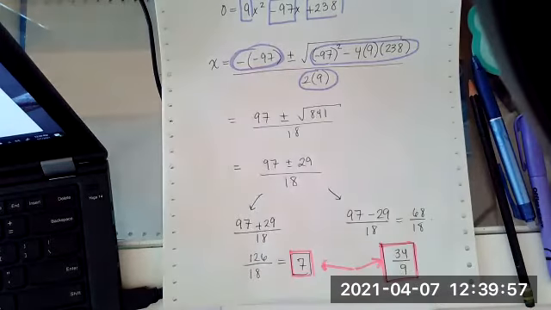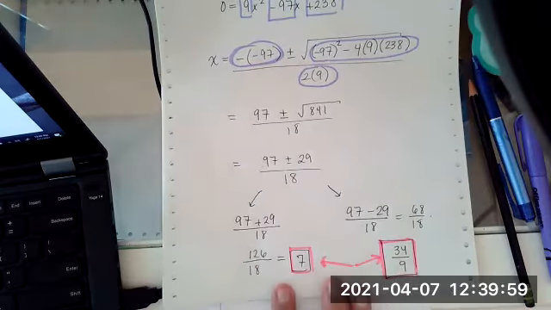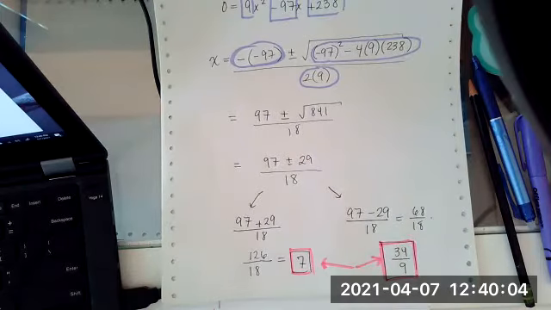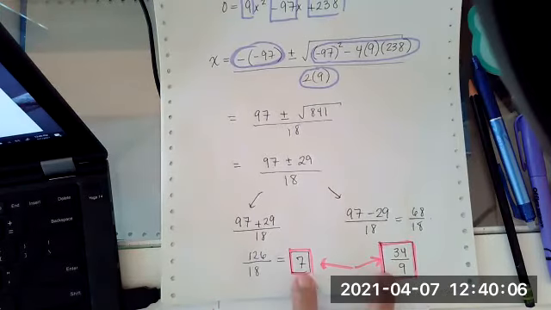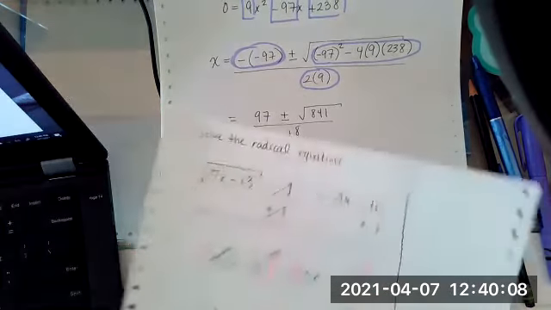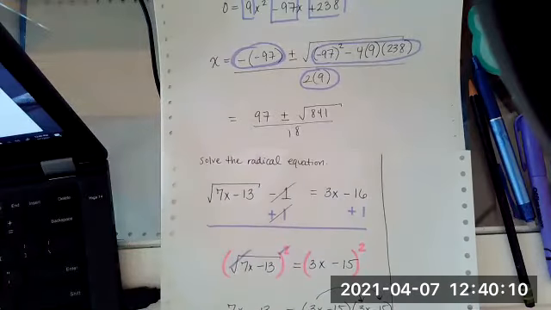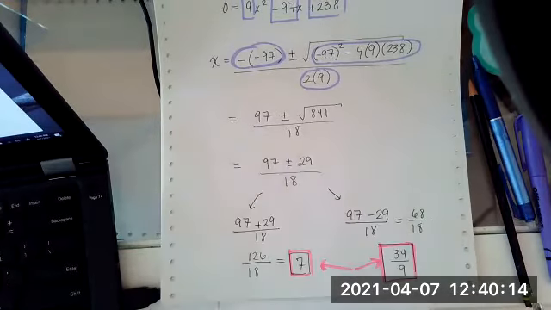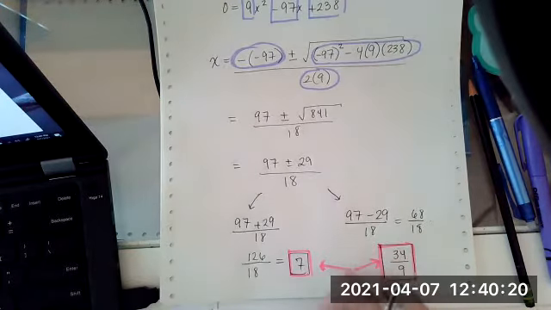Okay. So remember, when you have these solutions, you have to check them to make sure that they work in the original expression. It might be the case that only one of them works and the other doesn't. So you have to make sure that you check, because on the test, I will put select all the solutions that apply.